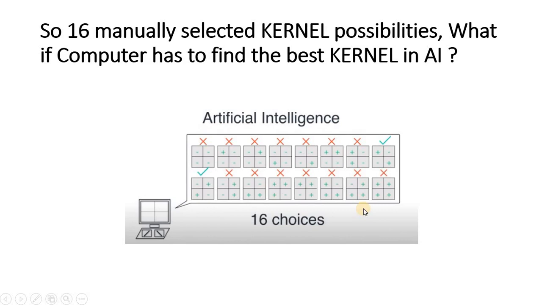So with these 4 different cells in the filter, plus minus, minus plus, or something else, 16 different combinations are possible. So what if the computer has to find the best kernel in this AI?